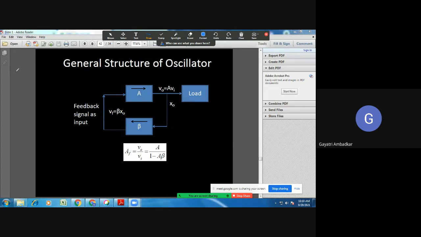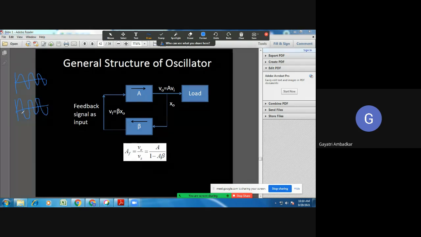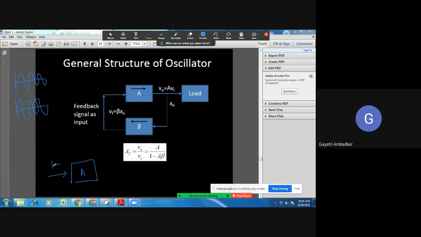An oscillator is a circuit which produces oscillations. You may have different types of oscillation. When I say sinusoidal oscillation, it will produce a sinusoidal waveform at its output without giving any such kind of input. We have seen the amplifier. In the amplifier, we first give an input signal, and then you get the amplified signal, which is an enlarged version of this.